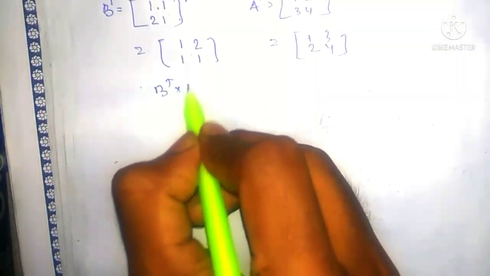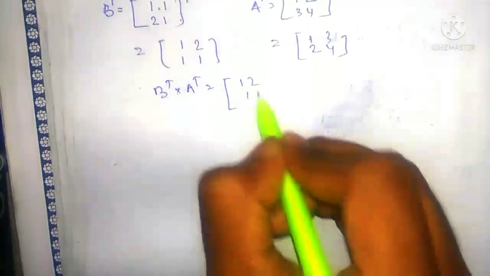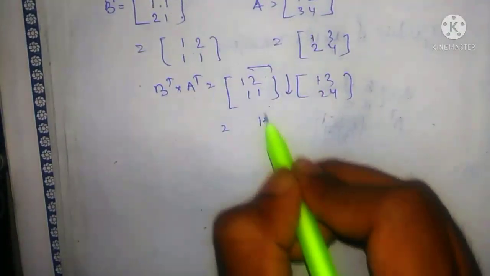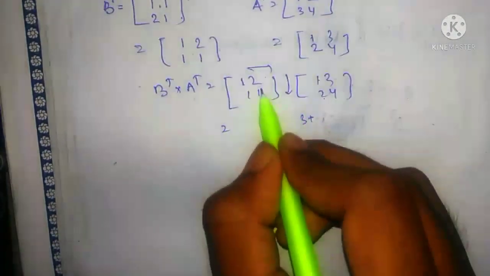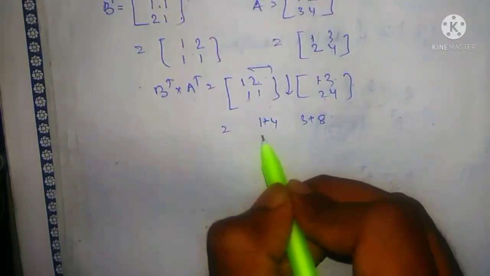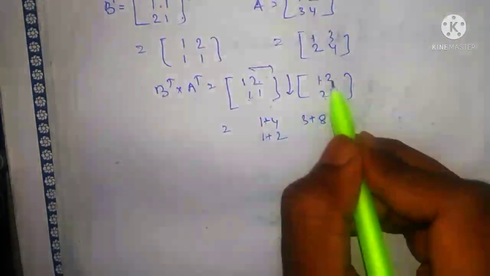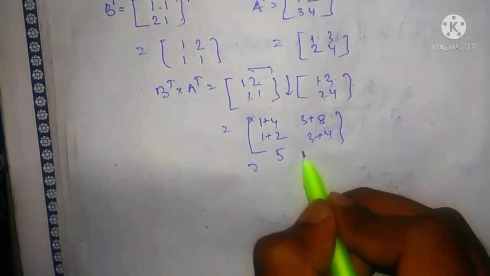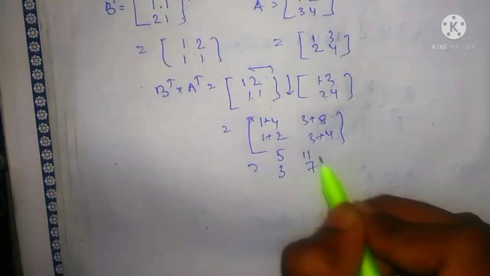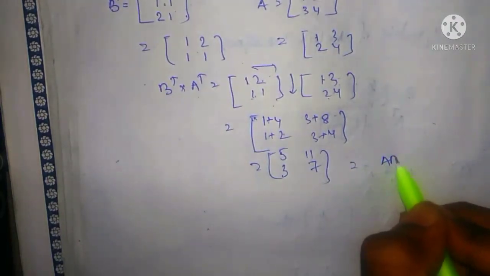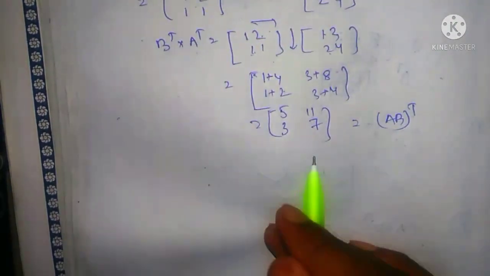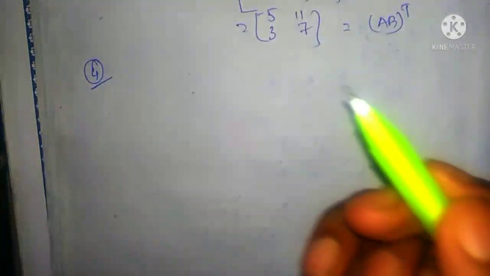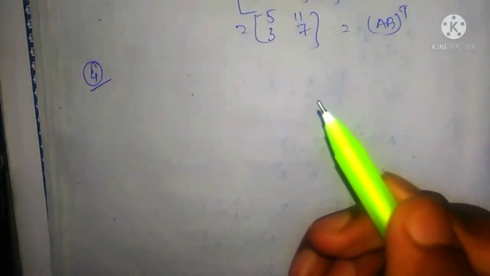So B transpose into A transpose: 1 times 1 plus 2 times 2 is 5, 1 times 3 plus 2 times 4 is 11, 1 times 1 plus 1 times 2 is 3, 1 times 3 plus 1 times 4 is 7. So 5, 11, 3, 7. This is exactly equal to A B whole transpose. So the third property holds.